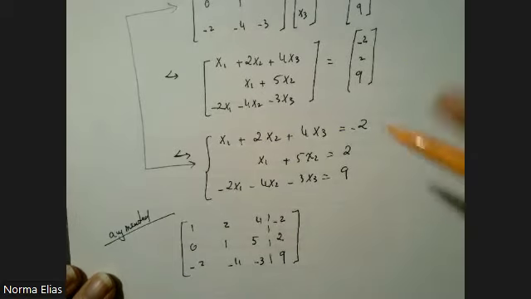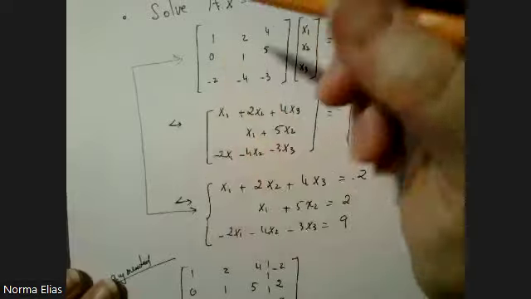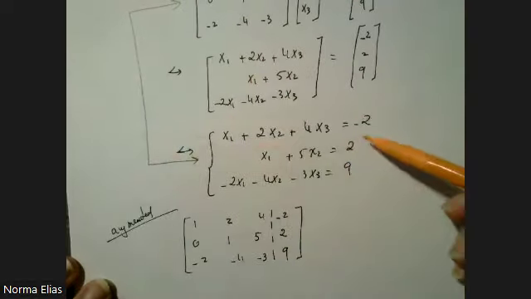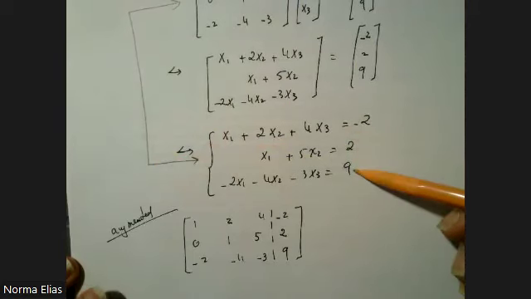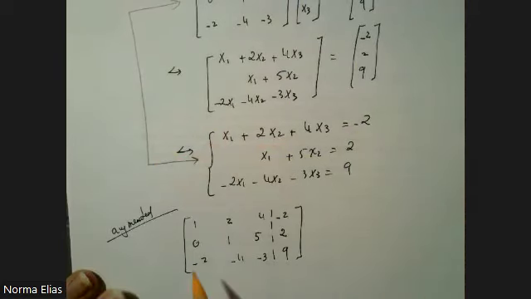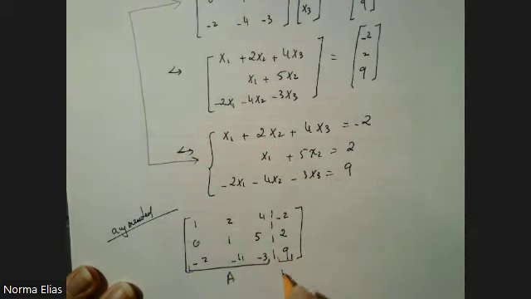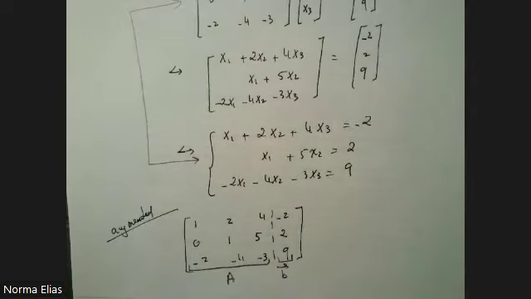So that's the augmented matrix. Solving the vector equation AX equal to B really boils down to solving the system of equations, the system where the augmented matrix is A here and B here. That's what it means to solve.